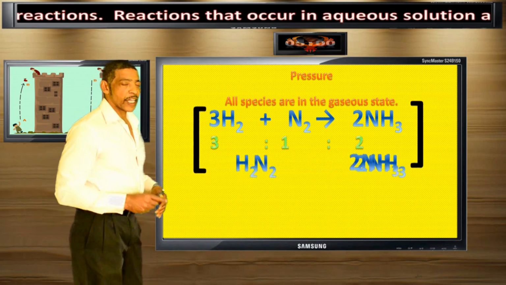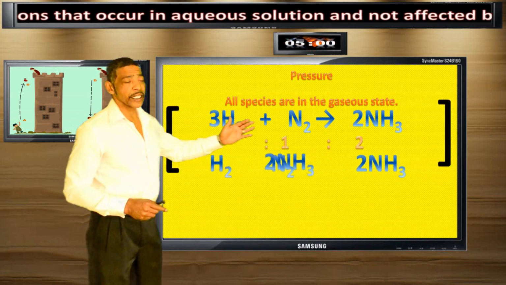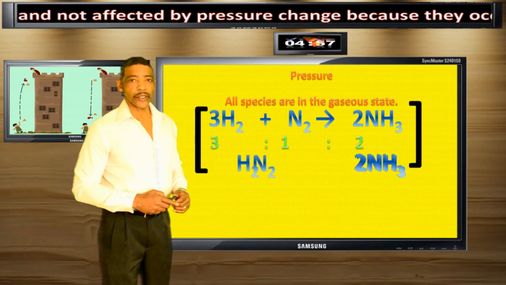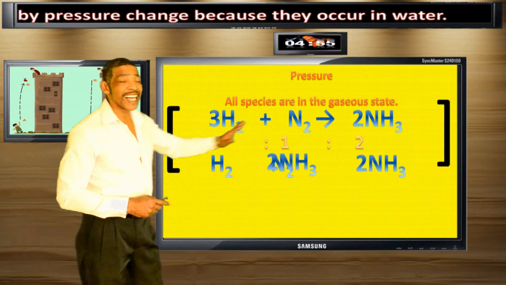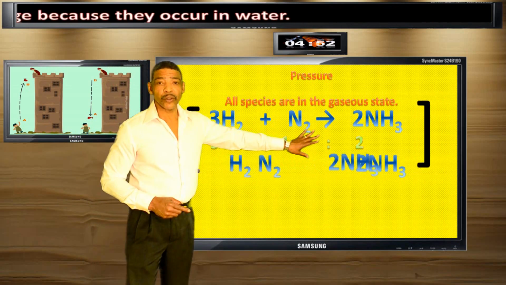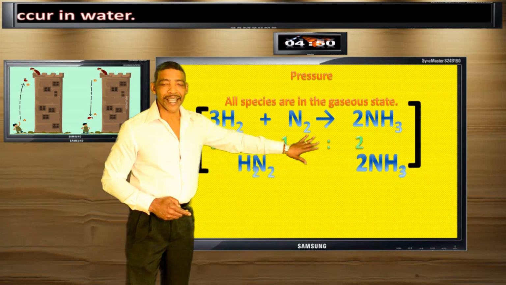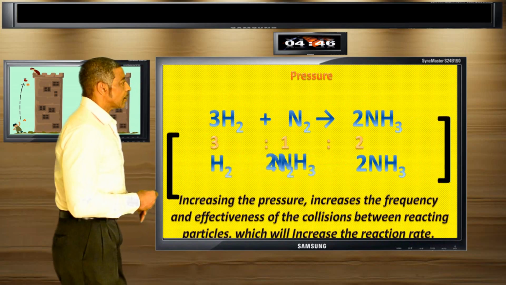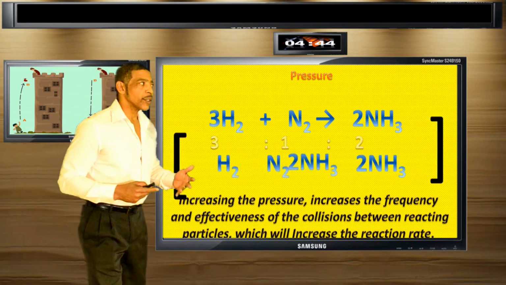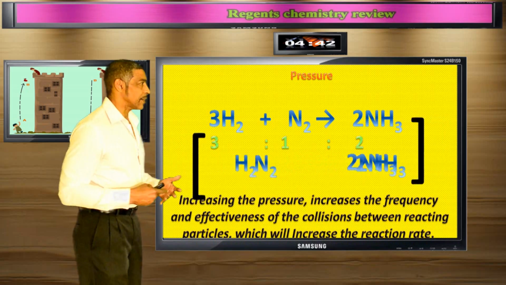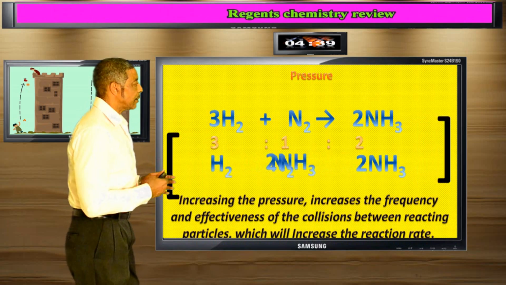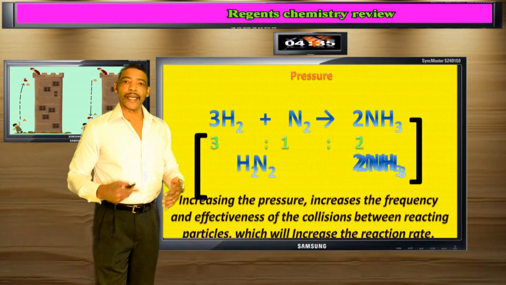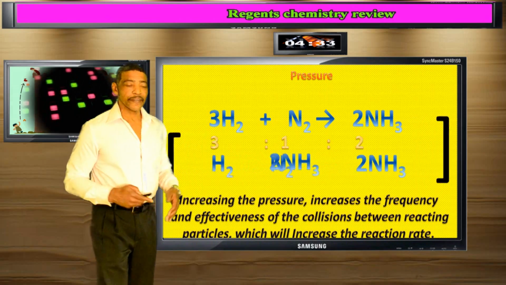In this example of the Haber process, the forward reaction is favored due to the 3:1:2 molar ratio, where the product side will have the fewest number of moles. Therefore, the product side is favored. So, increasing the pressure increases the frequency and effectiveness of the collision between the reacting particles. And of course, this will lead to an increase in the rate of the chemical reaction.